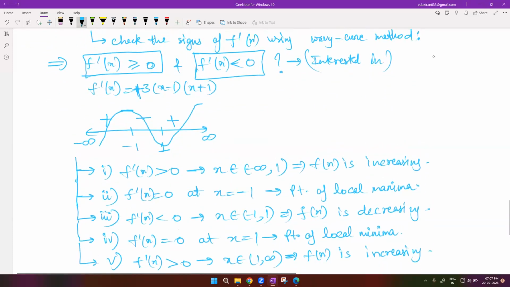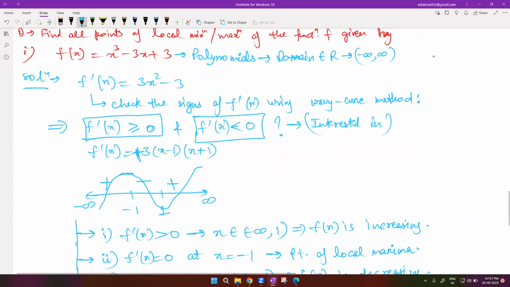So f of -1 would be (-1) cube, which is -1, plus 3 plus 3, which means that f of -1 is equal to 5. So your local maximum value would be 5.